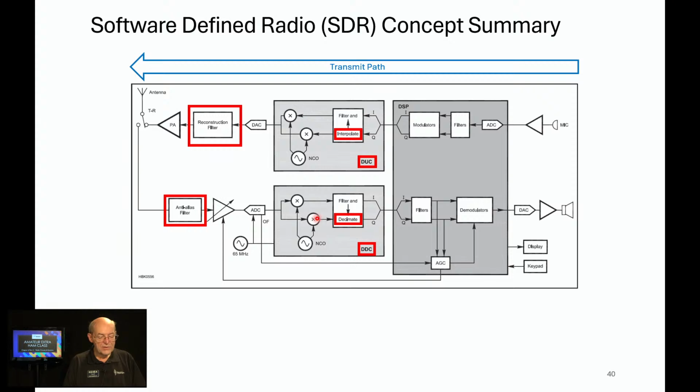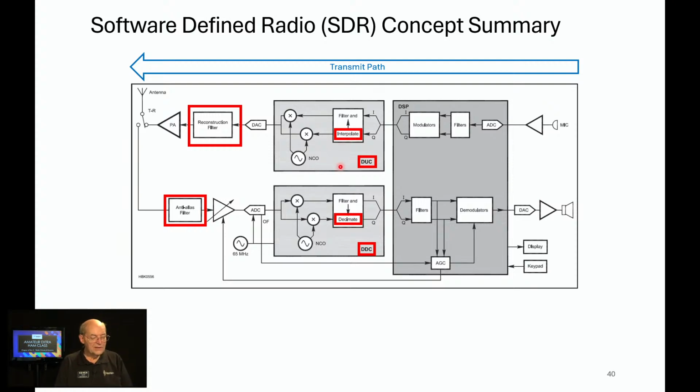So considering the transmit path, we've got DSP here, and somehow there's some magic that gives us a bit stream with the audio using I and Q signals, which we're coming to. We're then going to interpolate. This is running at a lower data rate over here, maybe 2 megasamples per second. We're going to interpolate to raise that.